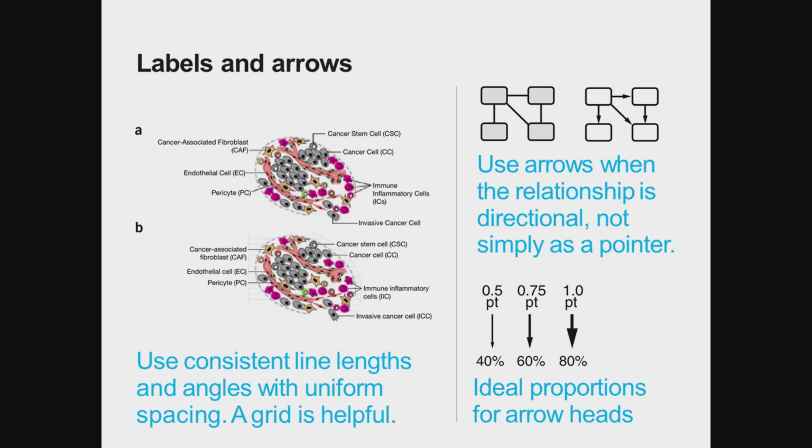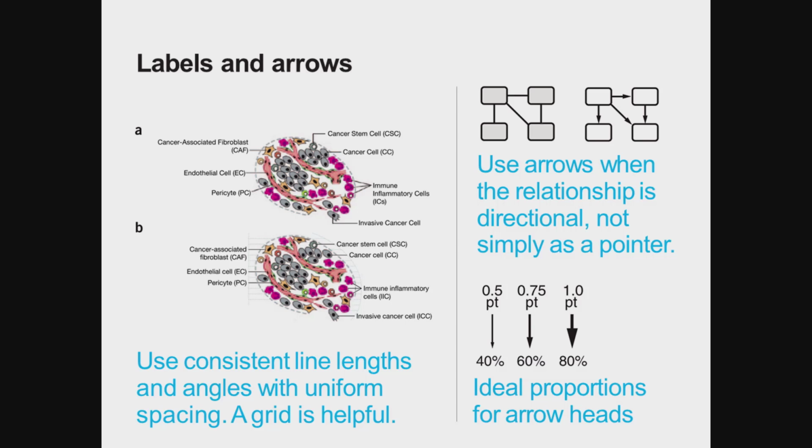Labels and arrows may seem like a small thing, but if not done well, they can make a figure really hard to read. I'll start with the arrows. People use arrows as pointers, as a labeling technique, which we discourage.